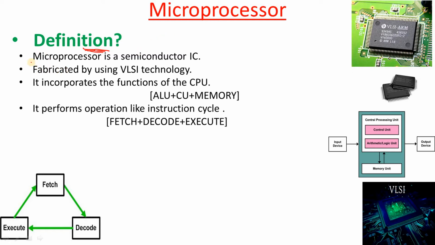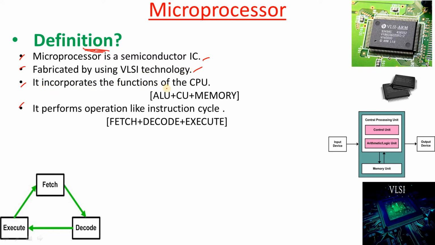Generally, we are going to classify this definition into 4 points. In different textbooks, they are represented in different definitions; the combination and overview is given by these 4 points. The first point is that a microprocessor is a semiconductor IC fabricated or manufactured by using VLSI technology.